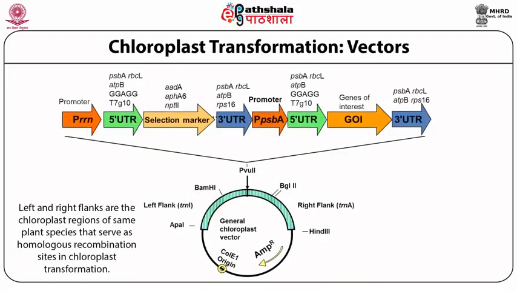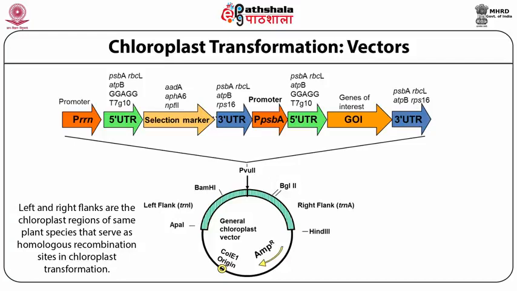Chloroplast transformation vector. The chloroplast transformation vector has a unique feature: if you see at the bottom, the vector has a left flank and a right flank. These left and right flanks guide the integration of the above cassette into the chloroplast.